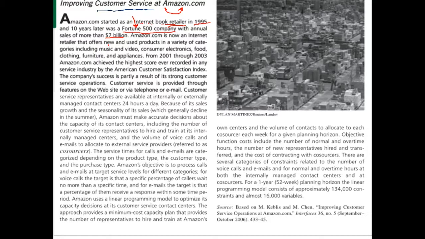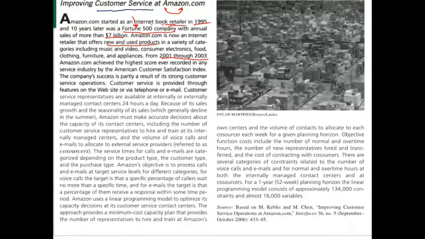On that basis, Amazon was among the top 500 companies of the world just 10 years after it started as an online book retailer. Next, Amazon.com is now a retailer that offers new and used products in a variety of categories, including music, video, etc. We are all very familiar with Amazon.